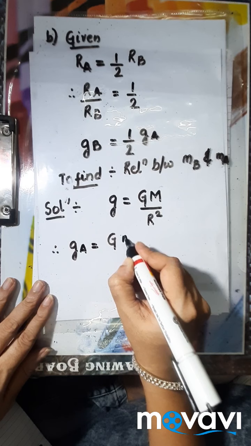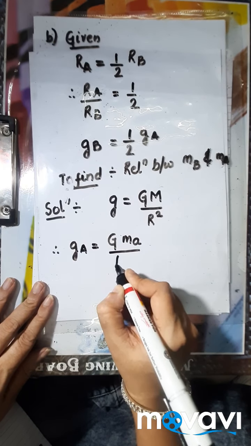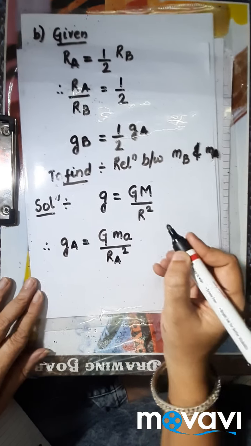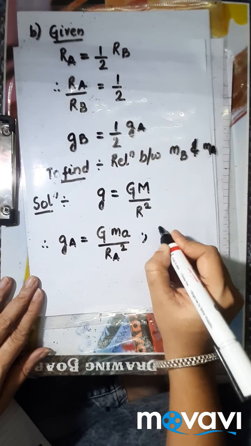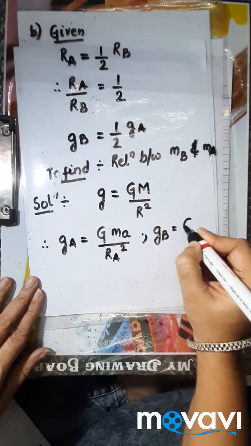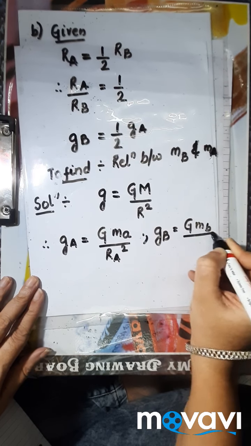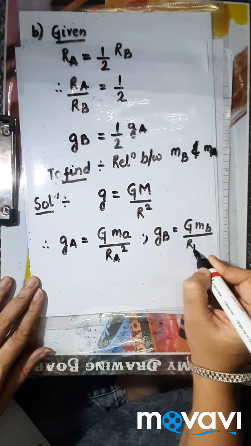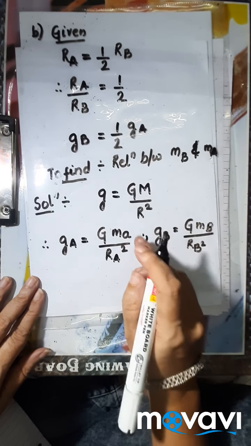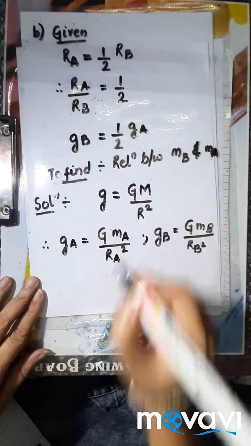So, I will say MA upon RA square. And at the same time, if I want to find out GB, this is equal to capital G MB upon RB square. Use the same alphabet here, B and B. Here also we will use capital A. Don't change this, right?